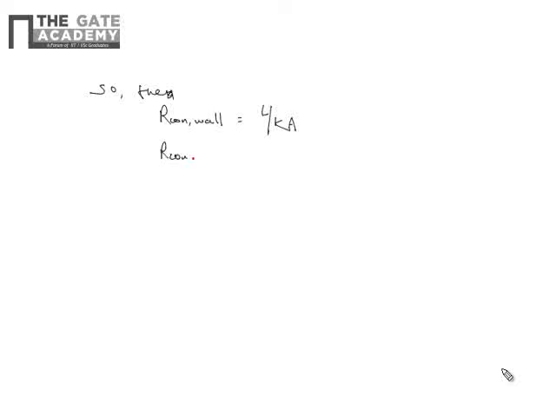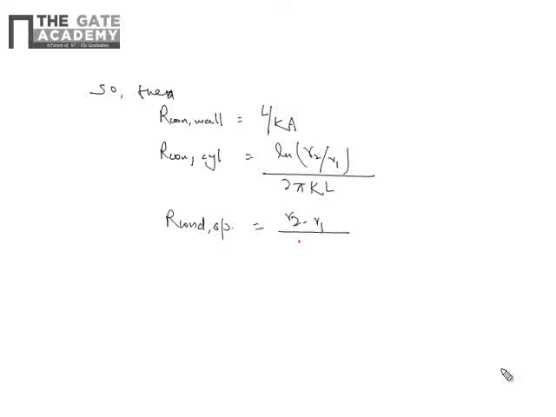Conduction resistance for a cylinder is given as ln of R2 upon R1 upon 2 pi KL, and conduction resistance for a sphere is given as R2 minus R1 upon 4 pi K R1 R2, where R1 and R2 are inner and outer radius respectively.